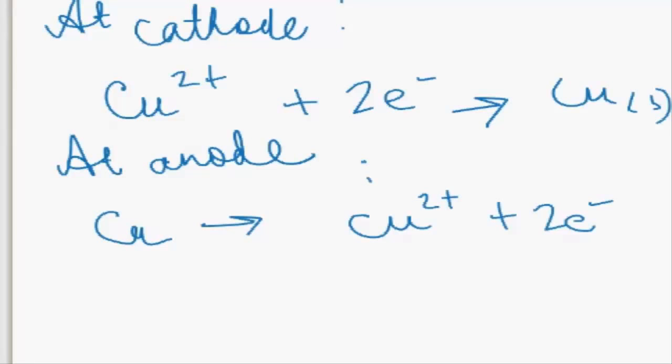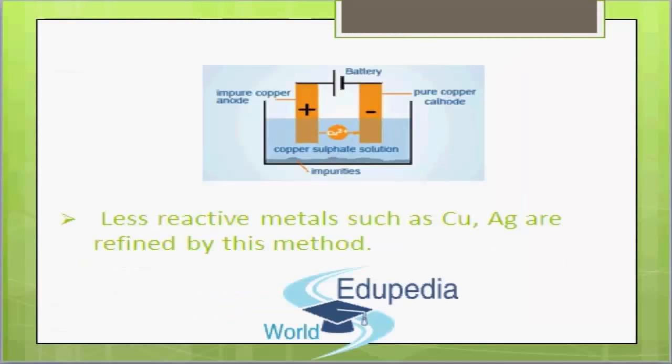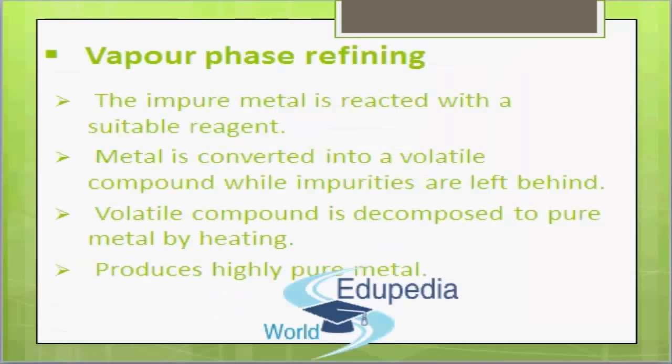Next method is vapor phase refining. In this method, the impure metal is reacted with a suitable reagent so that the metal is converted into a volatile compound while the impurities are left behind.